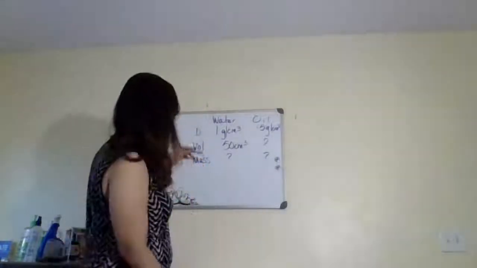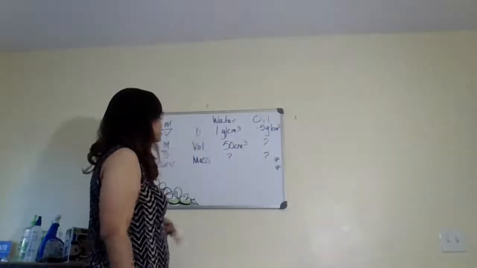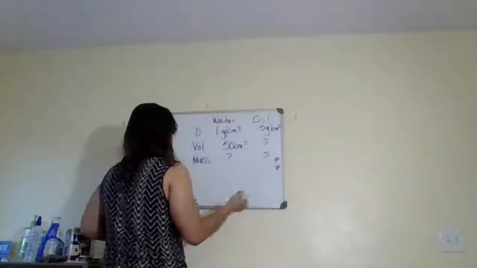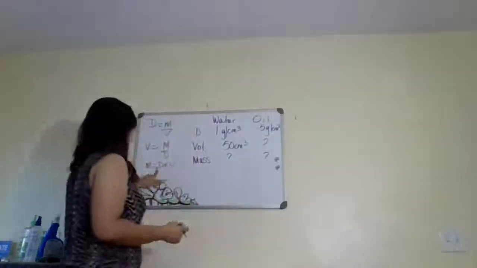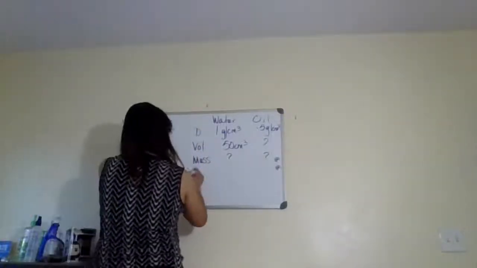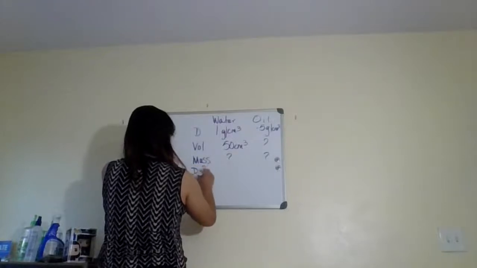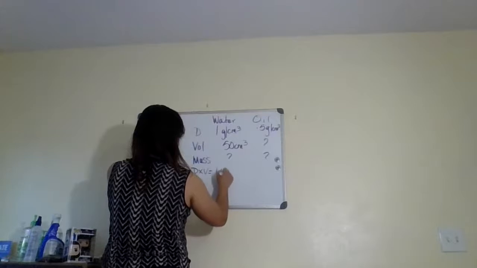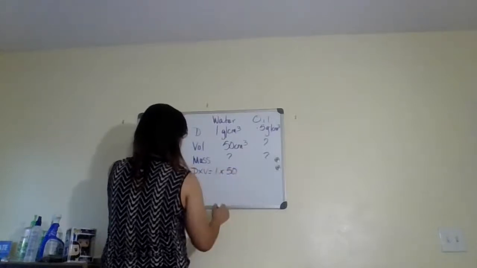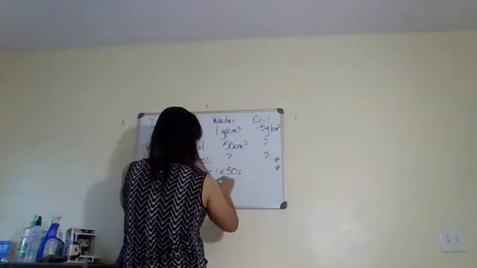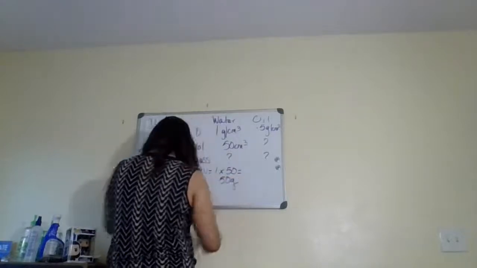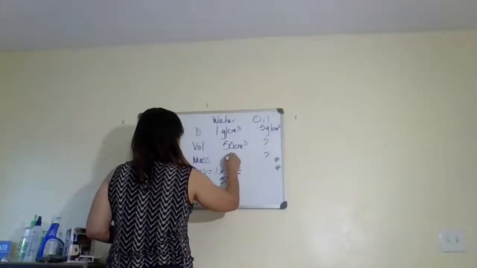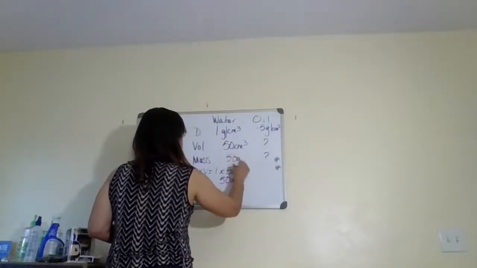But if we look at water, we have density and volume, so we can calculate the mass. Mass is density times volume, so 1 gram per cubic centimeter times 50 cubic centimeters equals 50 grams. So we now know the mass is 50 grams.